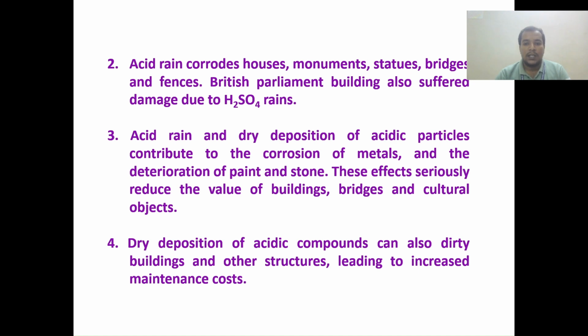The British Parliament building also suffered damage from acid rain. Acid rain and dry deposition of acidic particles contribute to the corrosion of metals and deterioration of paint and stone. These effects seriously reduce the value of buildings, bridges and cultural objects.